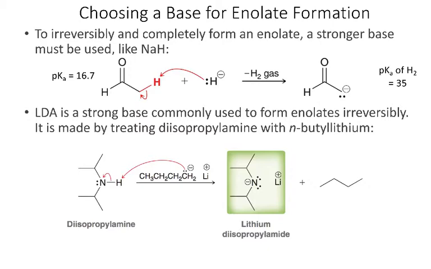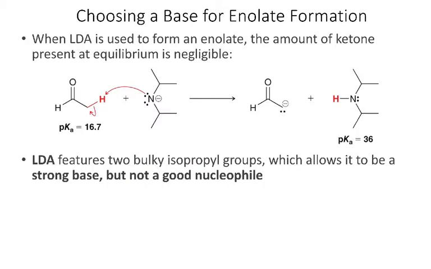Another common choice is LDA, or lithium diisopropylamide. This compound is a strong enough base to deprotonate our aldehydes or our ketones. LDA is a strong enough base that it will force the equilibrium to favor our enolate.